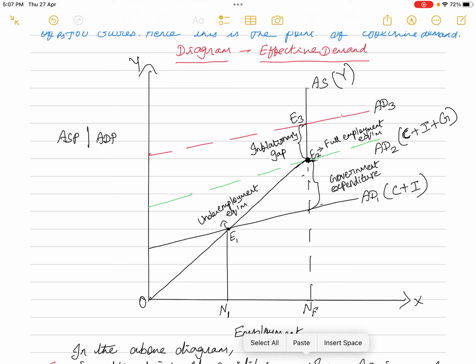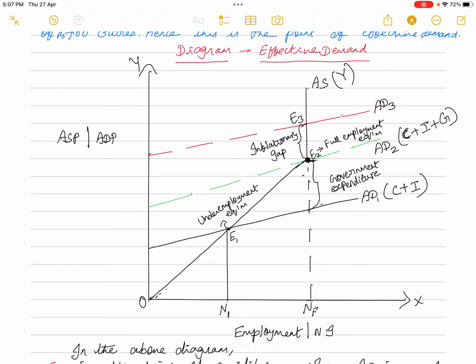So aggregate supply curve is nothing but equal to national income. So as the level of employment increases, this is also the national income. So they both, that's why it is a 45-degree angle. So they both increase in the same proportion. As the level of employment increases, the aggregate supply price also increases. So that's why it starts from the origin.